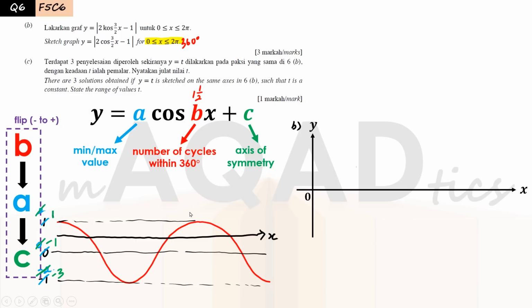In this part only, it's 1 cycle of the cosine graph, so I'm going to split it into 2, something like this. This part would be the first half of the cycle. This is the first part, and here I'm going to split in this way. So this will be the second part, and this will be the third part.